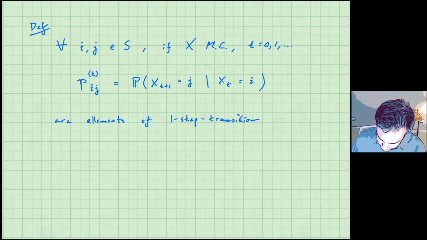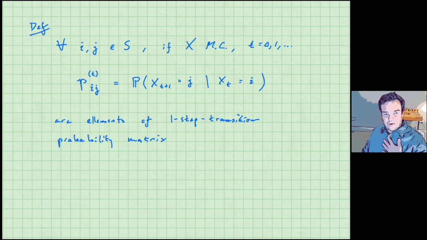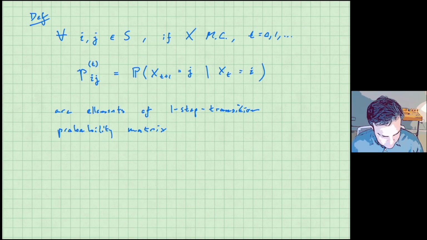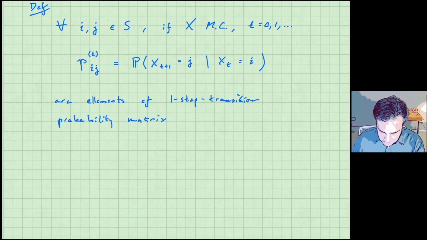Maybe probability is not part of that hyphenation. I think it is hyphenated with that. One-step transition probability, and a bunch of them, matrix. Right, so P sub ij are the elements of a matrix with a superscript of t in parentheses.